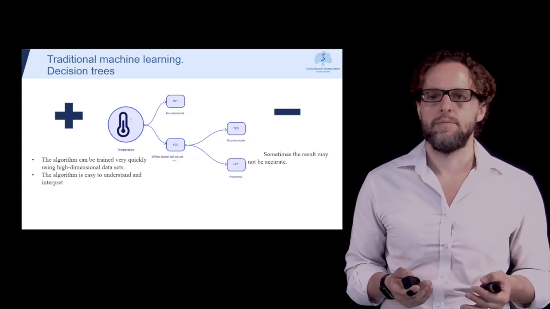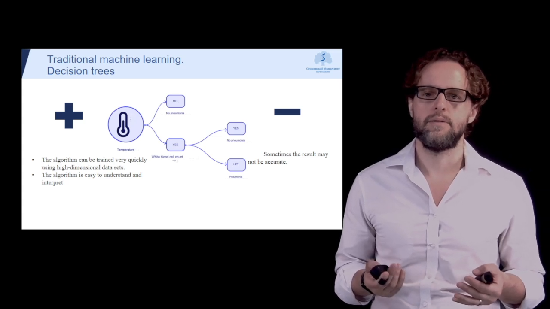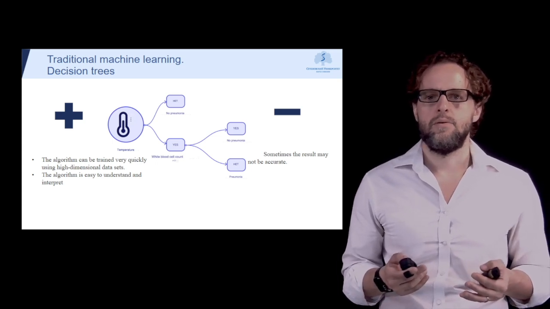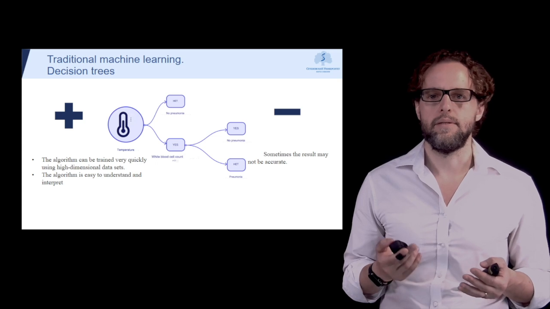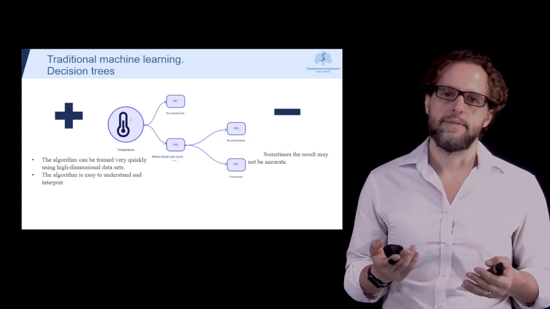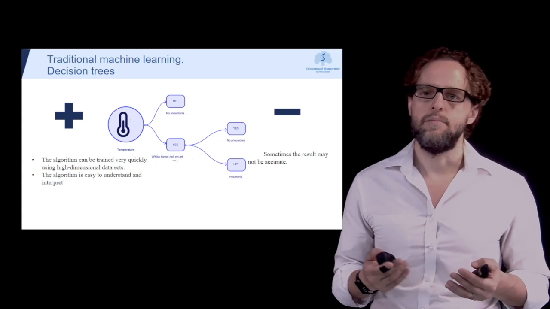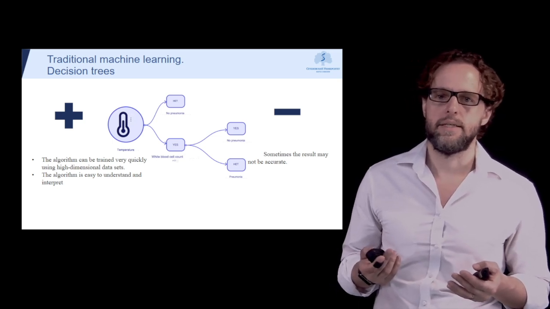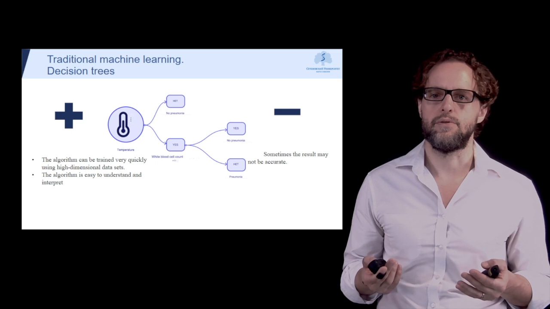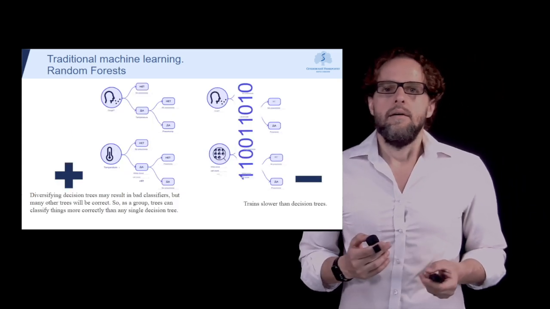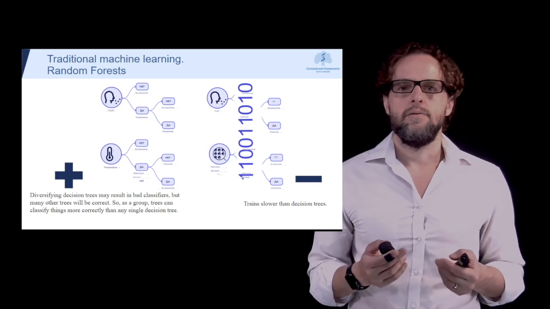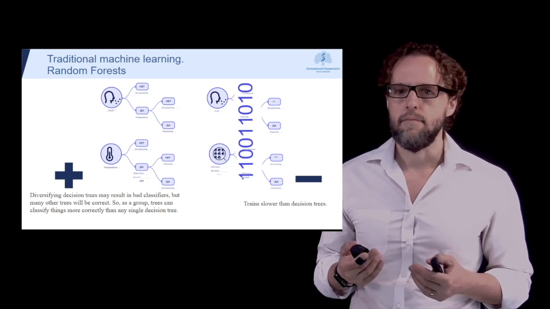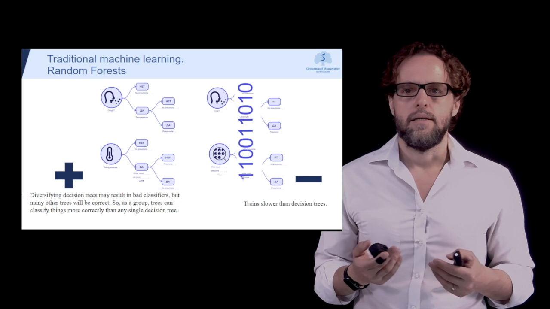Disadvantages of this algorithm are problems obtaining the optimal tree, and the problem of overfitting that occurs when building a structure that is too complex. Sometimes the result may not be accurate. This effect can be mitigated by using variants of decision trees such as random forests, an algorithm based on bagging by Breiman and Cutler.